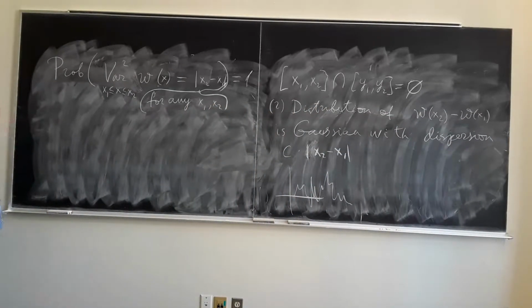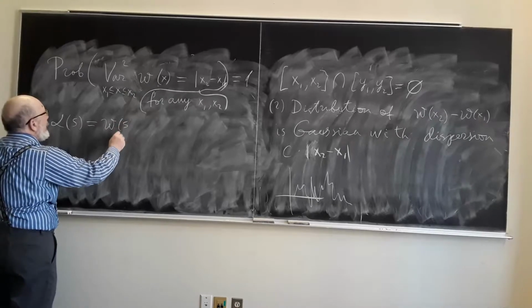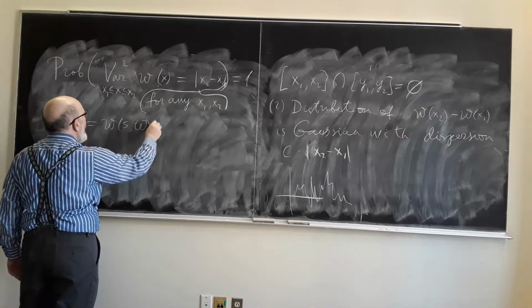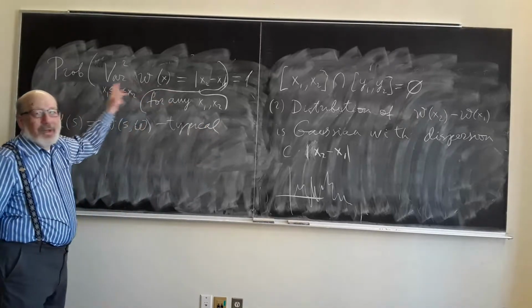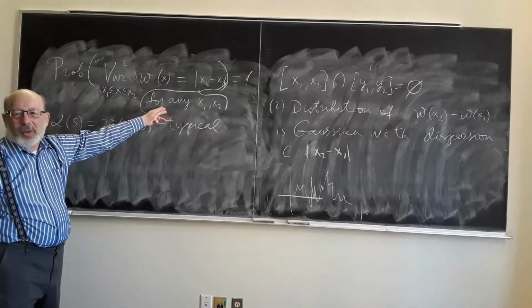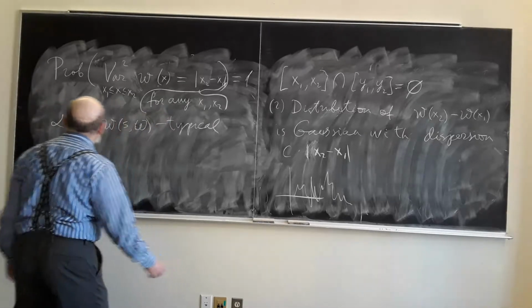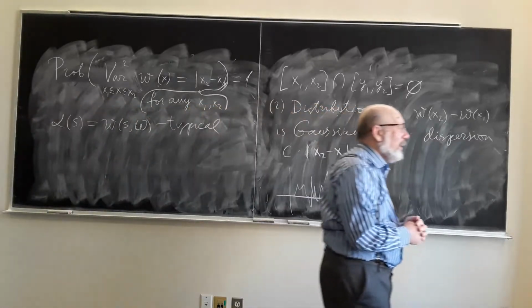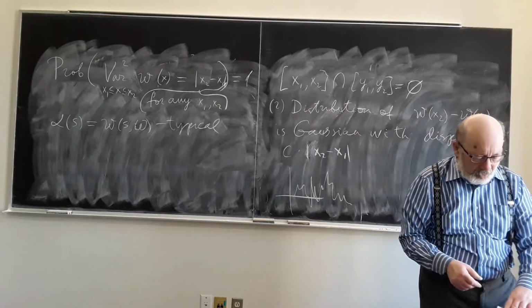And so let us consider the case when alpha of s is this W of s omega, typical. Typical means which satisfies this condition. So its probability is 1. Now, by the way, it is interesting to look how does such a curve look.